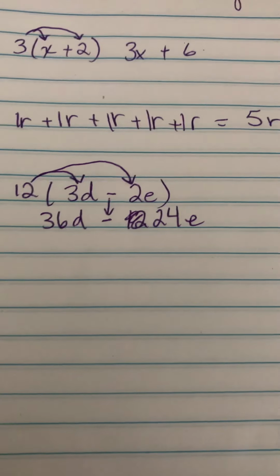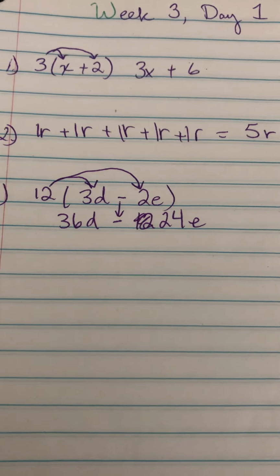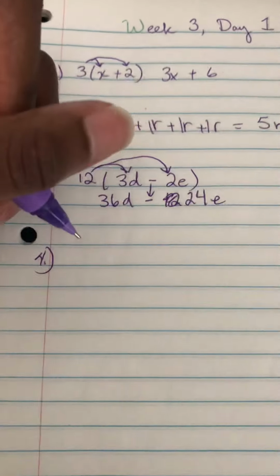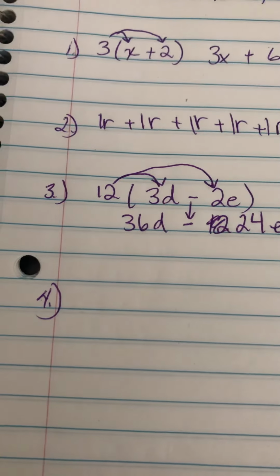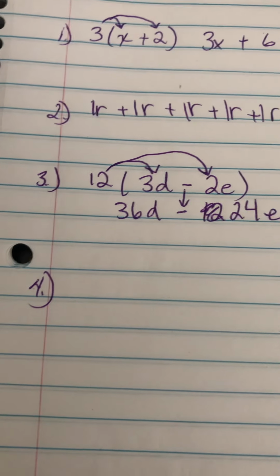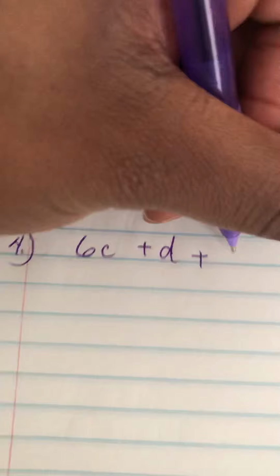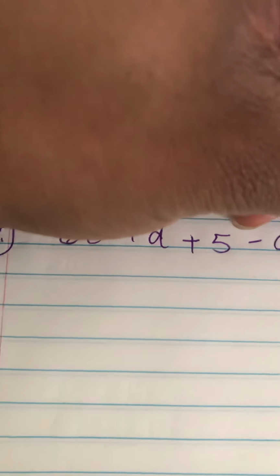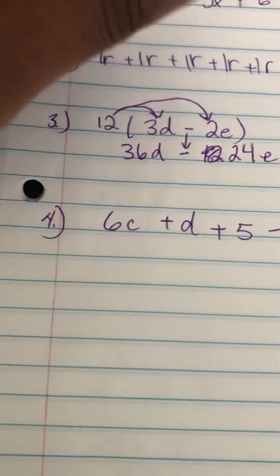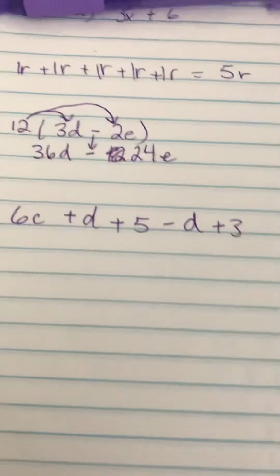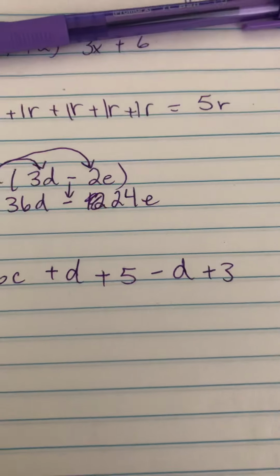Okay, so number 4. Let's go ahead and take a look at number 4. Get ready to write. It says, what is another way to write 6c + d + 5 - d + 3? So if we wrote that out, 6c + d + 5 - d + 3. And what we could do is we can separate the terms that are the same.